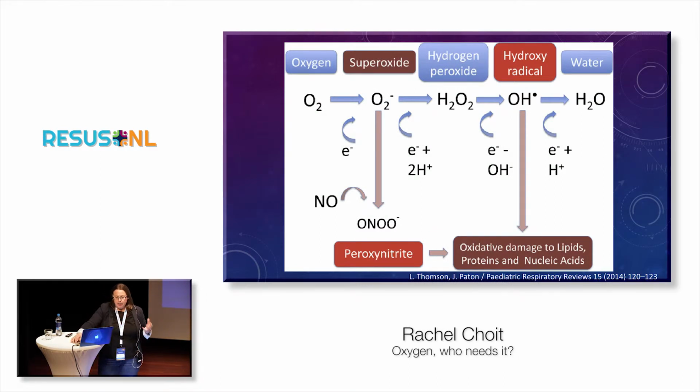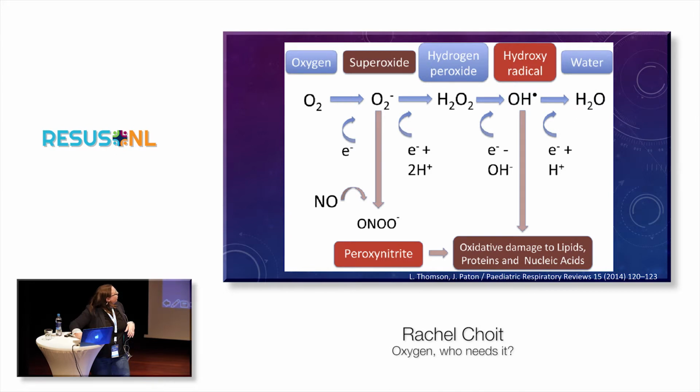So the biochemical basis for the effects of hyperoxia is the formation of oxygen-free radicals. So you have one or more unpaired electrons that makes them very unstable. And the most biologically significant of these reactions is this one here.